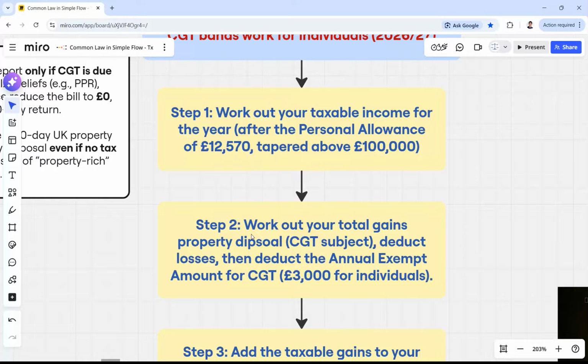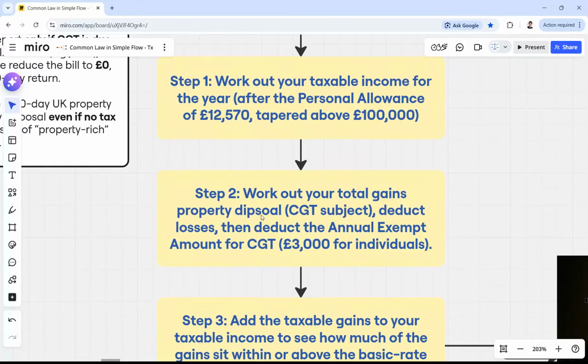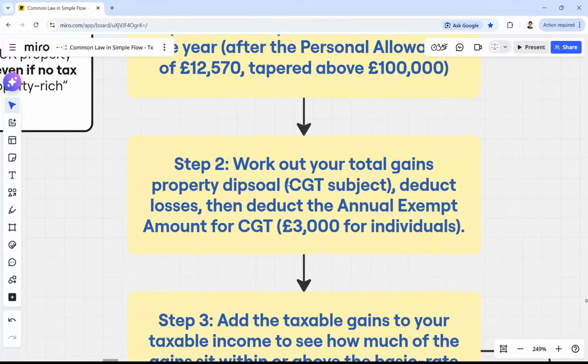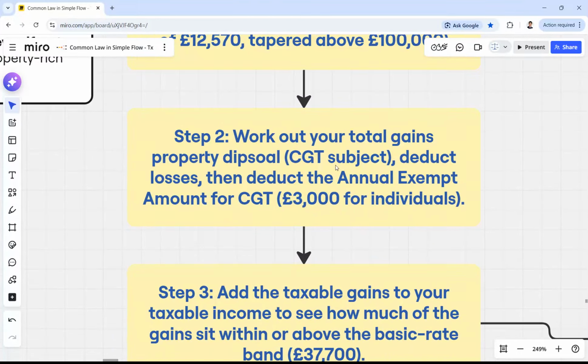So step 2, after you figured out how much your income tax is, work out your total gains from property disposal, the CGT subject. So how much exactly is your total gain from capital? Deduct losses, basically the purchase price, etc. So we will need the pure CGT subject amount.